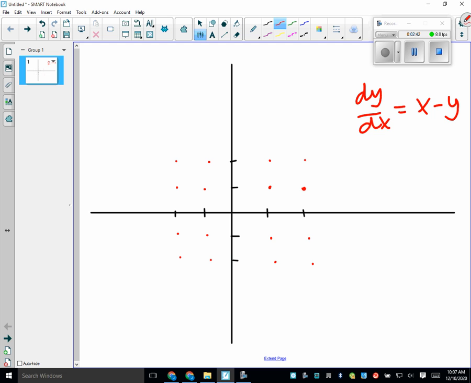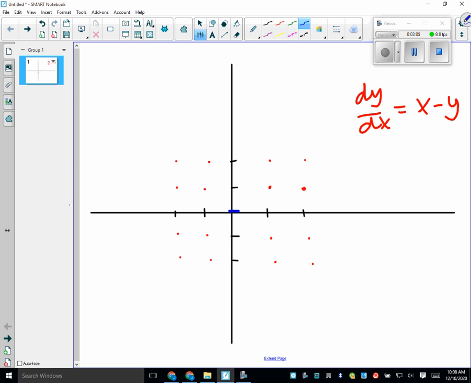Okay. This point right here is 0, 0, correct? What is x? 0. What is y? 0. So I fill it in. What is my slope right here? 0. And I draw a horizontal line right there.